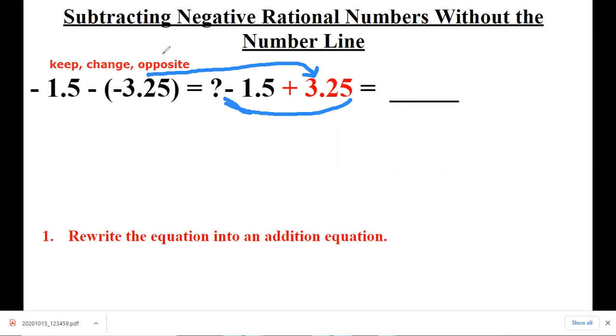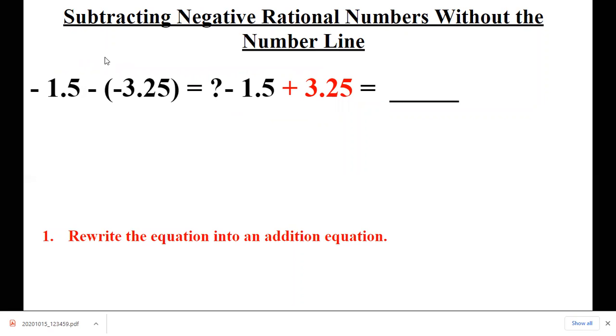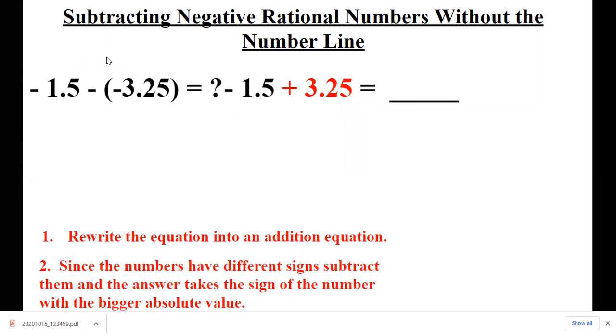Well, we're actually subtracting, and the sign is going to be the sign of the number that's bigger, right? So we're going to put 3.25 on top and 1.5 on the bottom. I put 3.25 on the top because it's the bigger number and I'm subtracting. That way I won't get messed up.